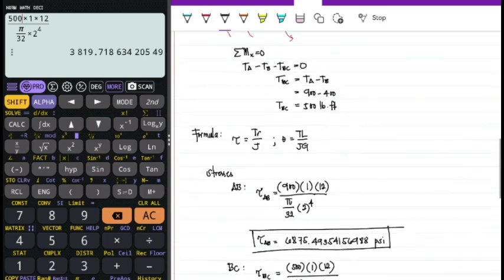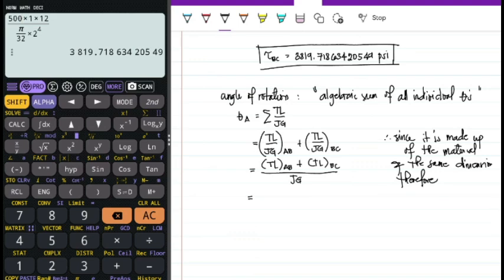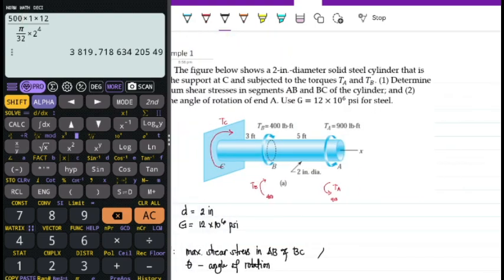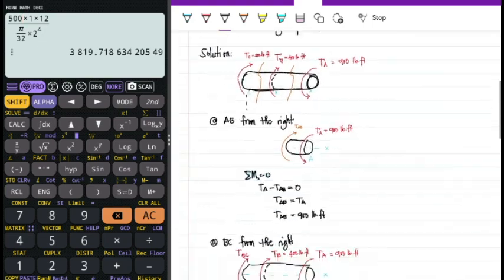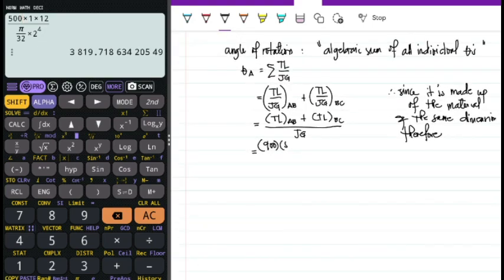Individually still okay. But nevertheless, if you want to make some room for your calculation, inputting an individual JG for AB and another JG for BC will take some time. But if you wish to solve it individually, still okay.